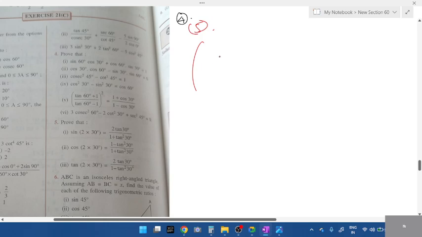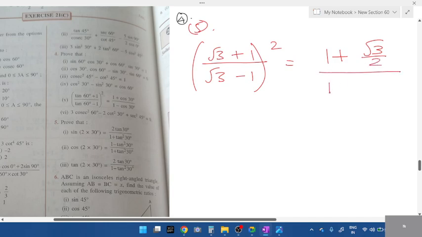Tan 60 degree. How much is tan 60? What is tan 60, students? Root 3 plus 1 divided by root 3 minus 1 the whole square is equal to 1 plus cos 60. 1 plus cos 60 is root 3 by 2, 1 minus root 3 by 2.